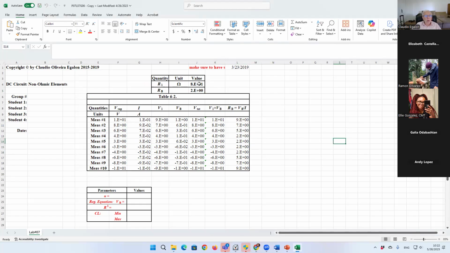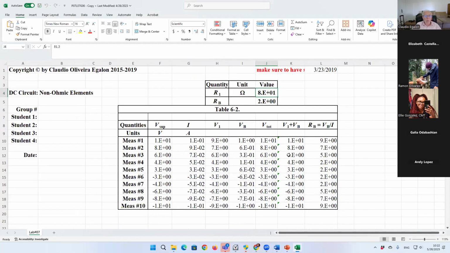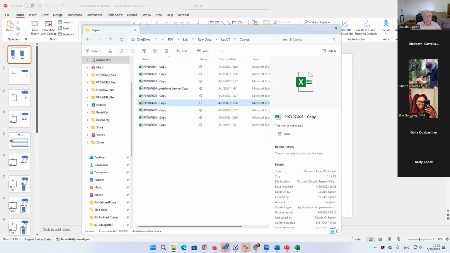Okay, so here you go. That's the value of the resistor number 1. And then there we have the resistor RB. You're going to measure the resistance of the resistor RB as well. Okay, and there is a special way of making this measurement in a light bulb. It's not obvious, okay?